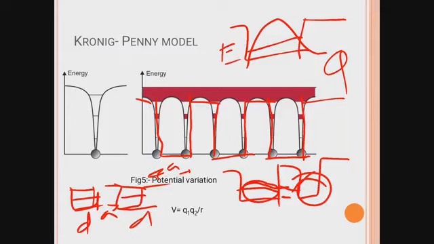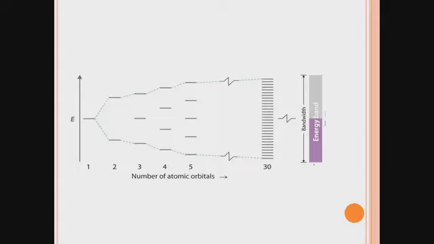Now I am going to the next slide. Here I am describing the formation of the energy band from discrete energy levels with respect to interatomic spacing or number of atomic orbitals.